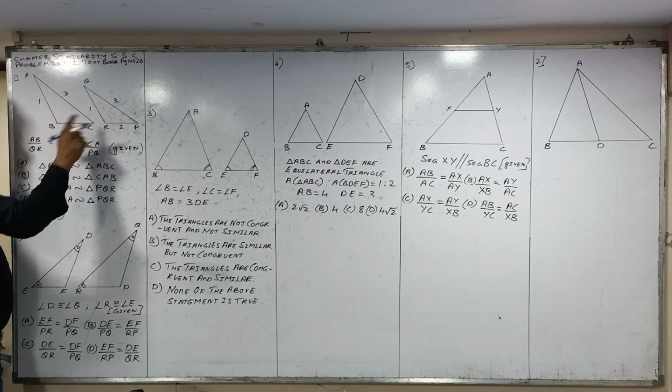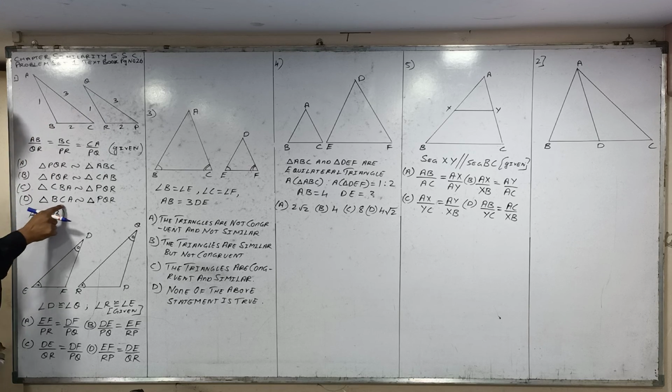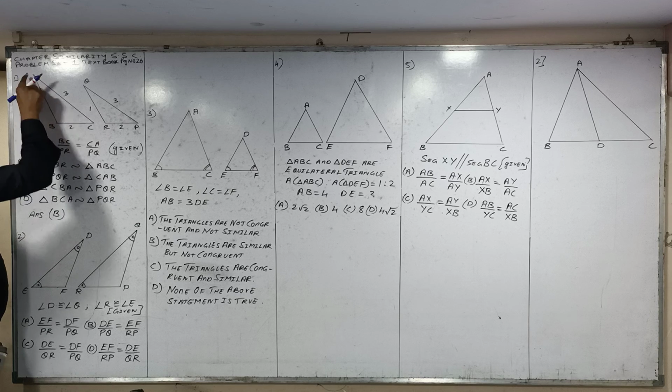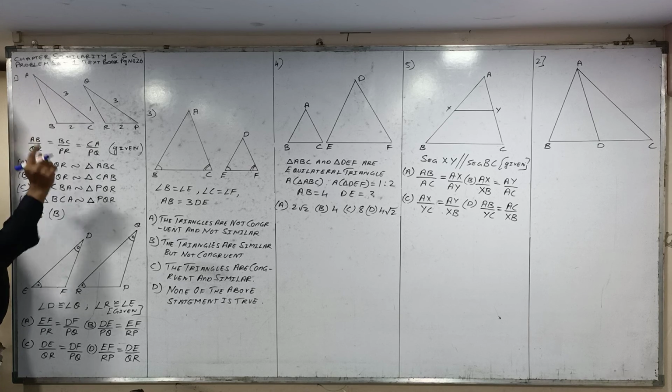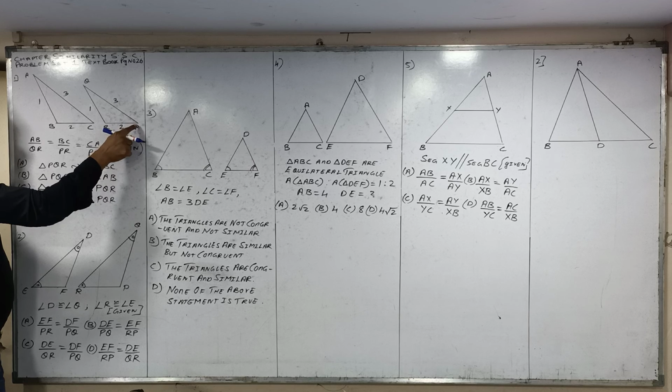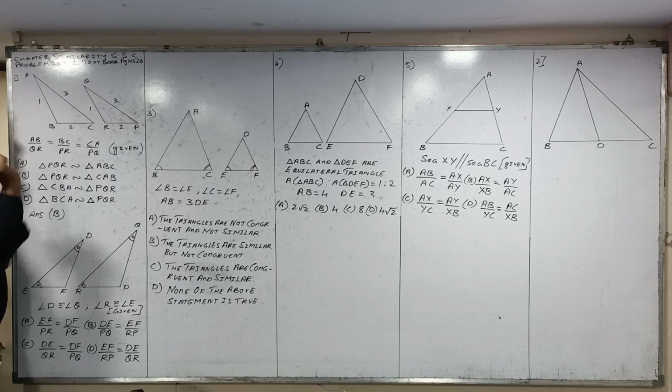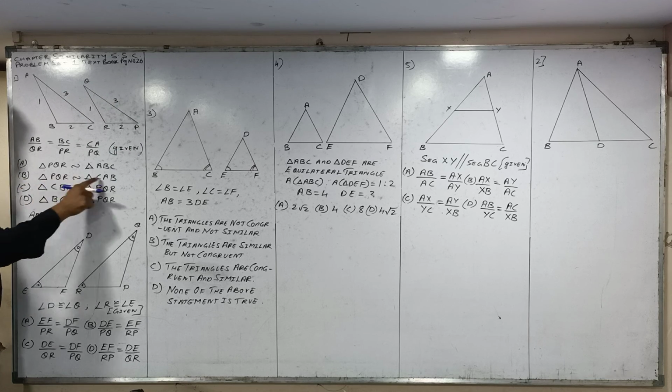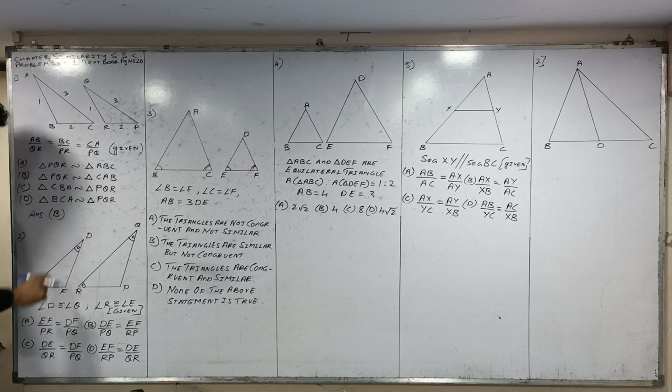So this is not corresponding. In BCA also, from the second side to the third side, and PQR from the third side to the first side. So only this is your answer. So we have done this.